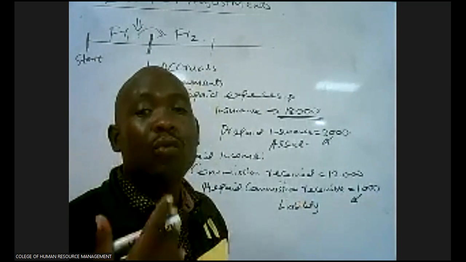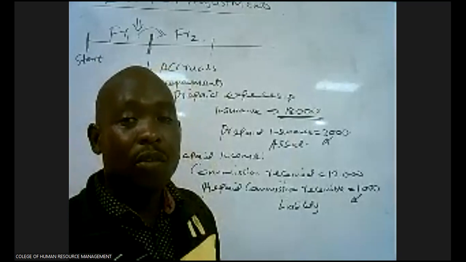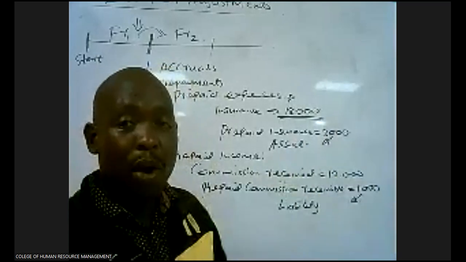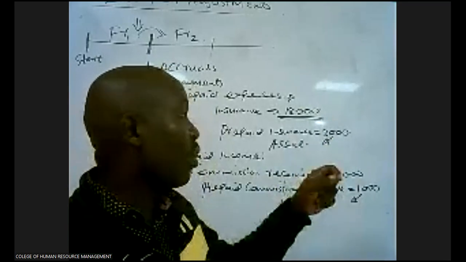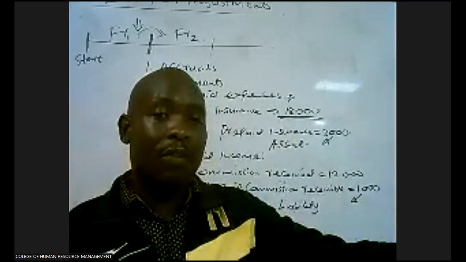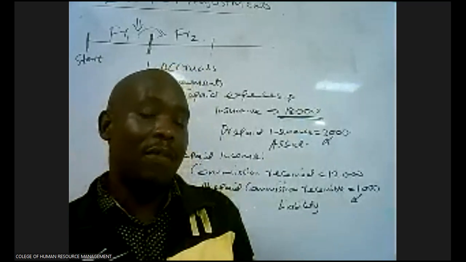So actually, we are supposed to refund this 1,000 to the person from whom the money was received. So we owe the person 1,000. It is a liability from our end. This is an asset because we are the ones who paid excess. So we need to be refunded our money. So it is an asset to the business.